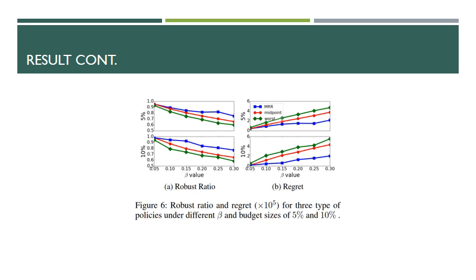On the same network, we compare the robustness of the three policies using the value of k in the convergence area. Figure 6 shows how the robust ratio and regret computed by MRR change as the size of the interval, beta, varies, and we can see MRR gives the largest robust ratio and the smallest regret.